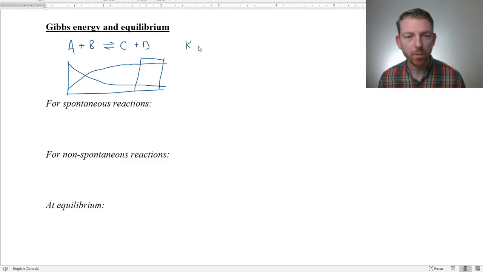And so we want to think about that ratio. We'll assign it a variable, K, as we've seen so many times before.